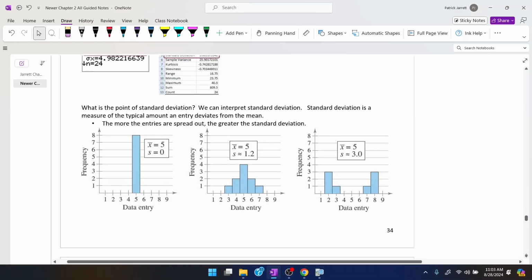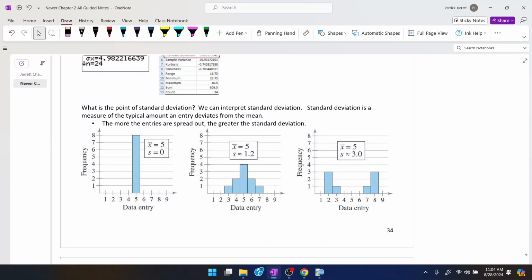Now, the main idea with standard deviation here is, again, it is simply a measure of spread. So you can have 3 sets of data with precisely the same mean. All 3 pieces of data have the same mean. However, in this first set, the standard deviation is 0 because there literally is no spread.